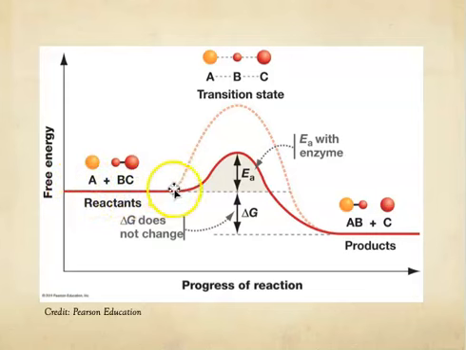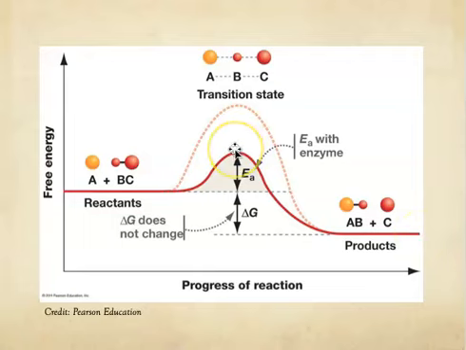We're going to continue on with the straight line. And we're going to see a rise in free energy as bonds are broken, but our peak stops right here. It then comes back down and we build new bonds to make our products. This is the effect of an enzyme.